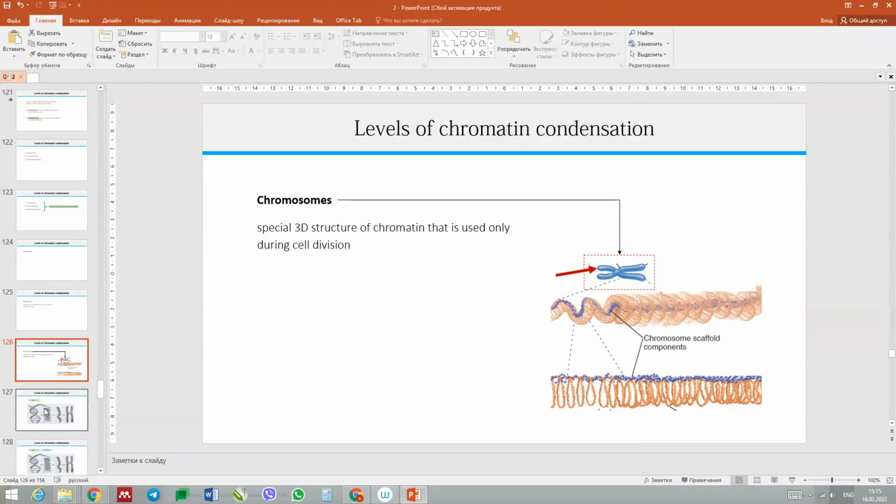Here you can see a schematic, very simplified illustration of how it works. So chromatin loop domains condense further and further and further and are transformed into this nice three-dimensional structure that we call chromosome.